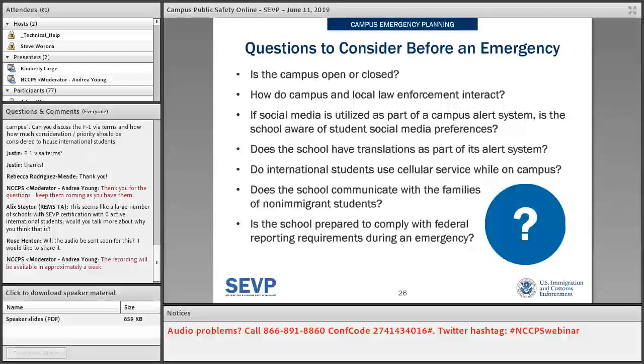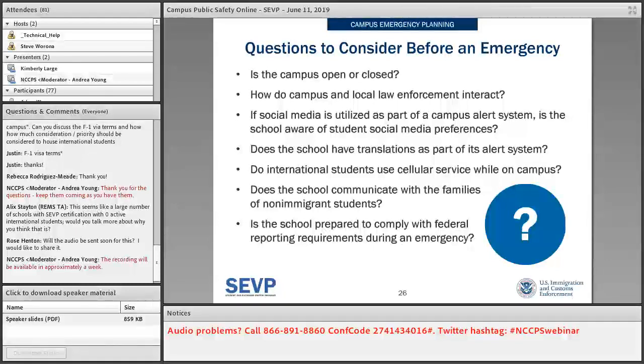Also, what alerts are in place for those who don't use social media? We oftentimes hear about things on Messenger or Facebook or Instagram, but maybe there are some kids that don't have social media. So how are we letting them know that there's an emergency situation?